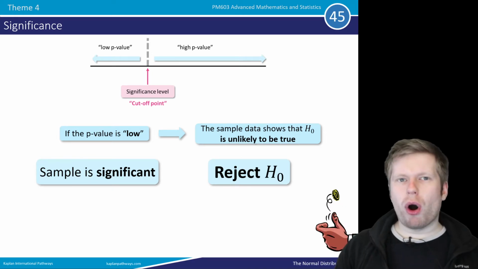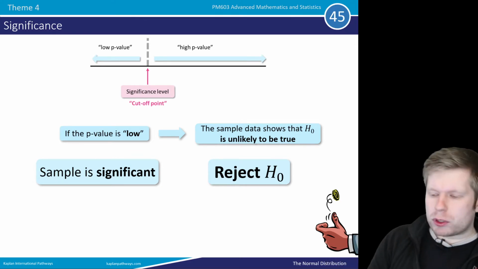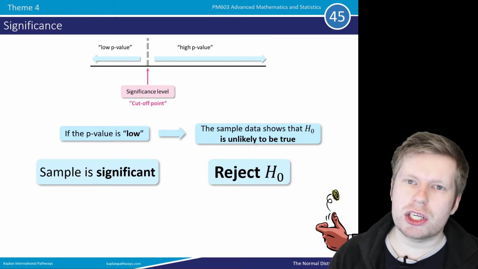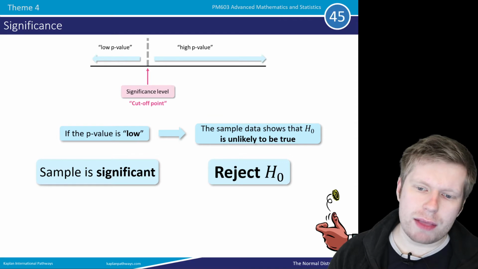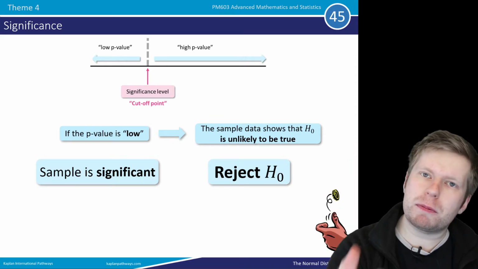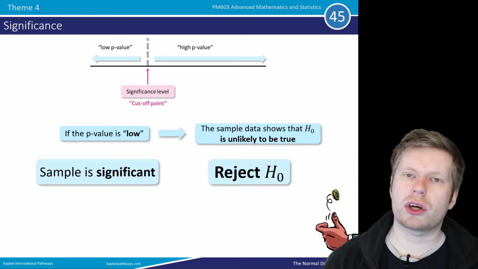And the only thing which can be wrong has got to be that hypothesis that we came up with to start off with. As long as we're collecting the sample data correctly and we've taken appropriate measures there, we know that's correct. So it doesn't necessarily mean that the null hypothesis is definitely not true. We're just saying that based on this particular sample data, it suggests that the null hypothesis probably isn't correct.